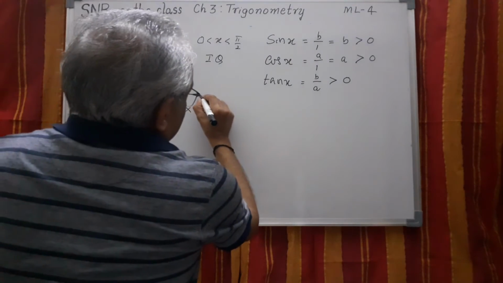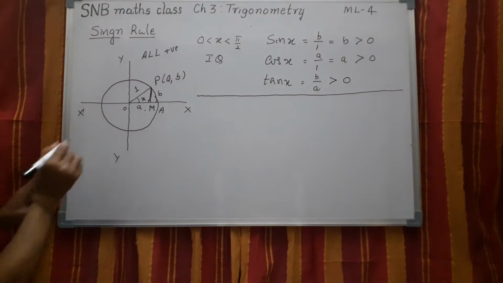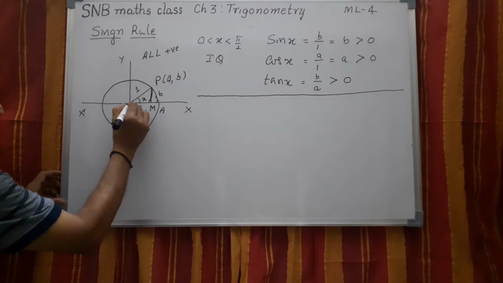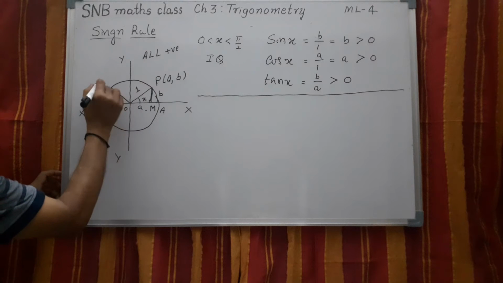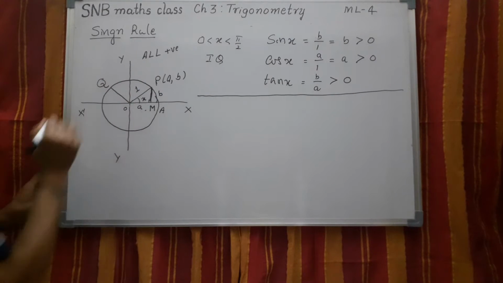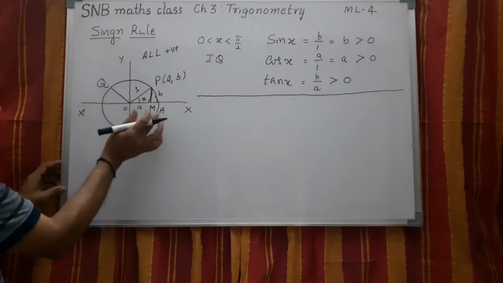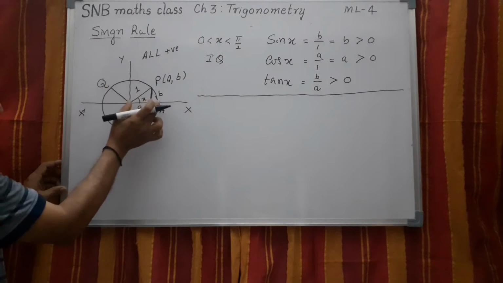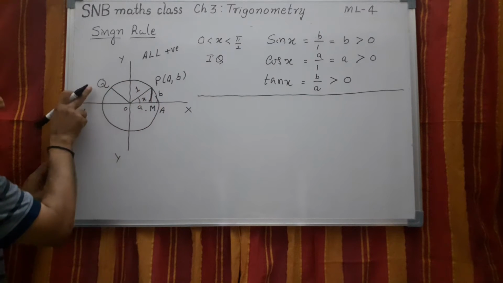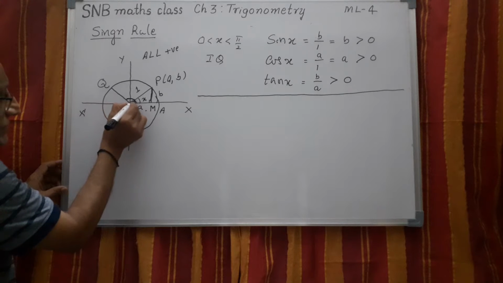Now, let me take the next case. Let us say I am taking a point on the radius here. Let me take Q. See, now this is the understanding which you should have. A radius is rotated along this one, or a line segment is rotated along this one, and it comes here. So this angle is now x.